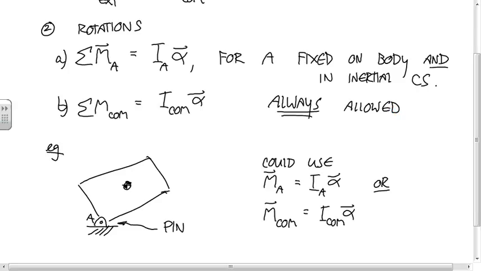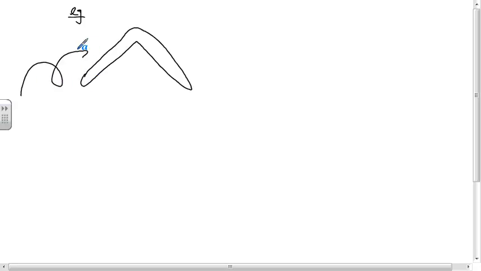So let me give you an example where you have to do it about the center of mass. So say that you have a boomerang flying through space. Anyone have a sense of where the center of mass of the boomerang would be? Right about here, that's right.